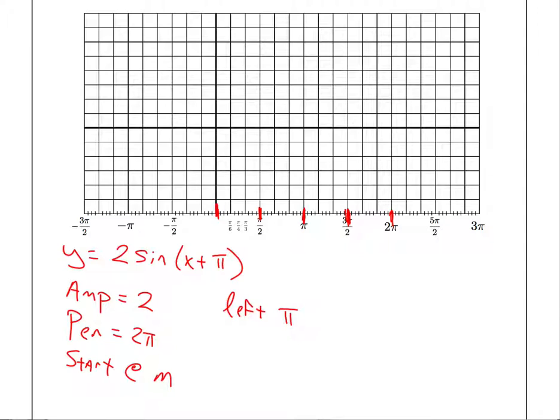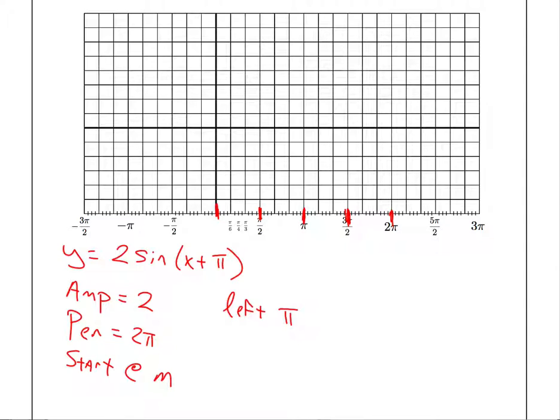Whatever your shift is to the left or to the right, I want to make a note of that and say that's where we're starting. Normally we start where? At the y-axis. Normally we start on the y-axis. In this case, whenever we shift, we're no longer going to start on the y-axis.